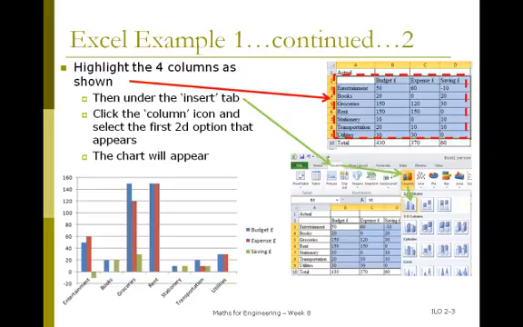Within this chart, you can see that Microsoft Excel has automatically plotted the graph for the budget, expense and saving for each of the household items listed in the table.